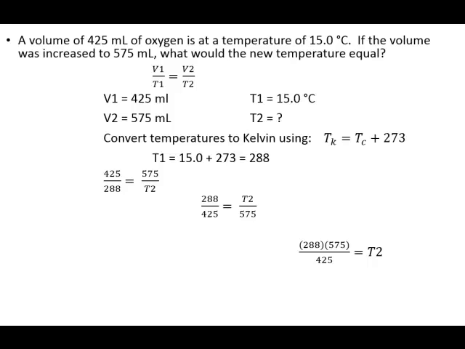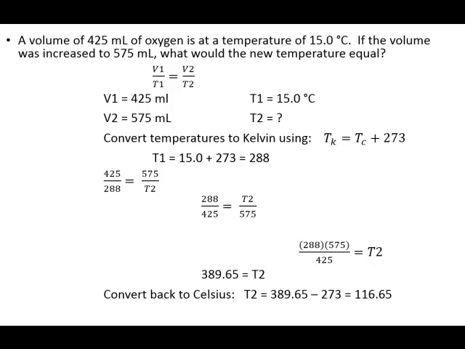All I have to do is plug it into my calculator, and I get T2 equals 389.65. So now I have to convert that back to degrees Celsius. I do that by subtracting off the 273, and I get my final temperature is 116.65 degrees Celsius.